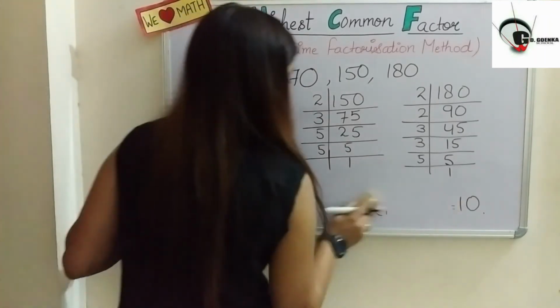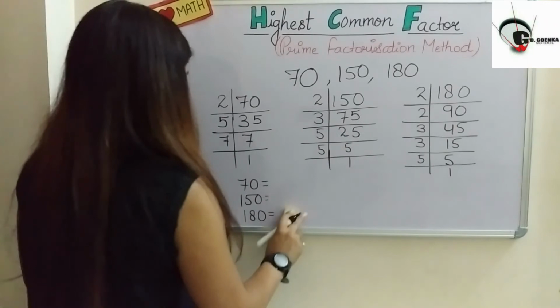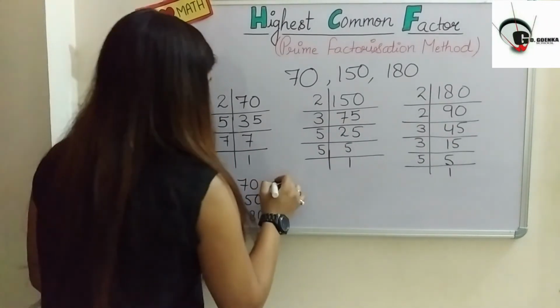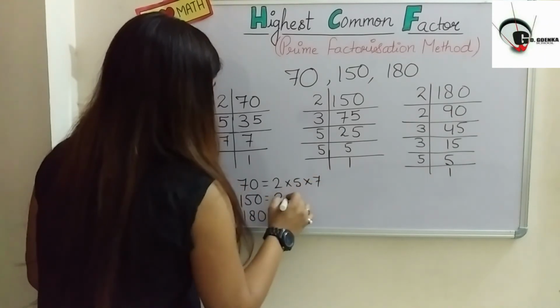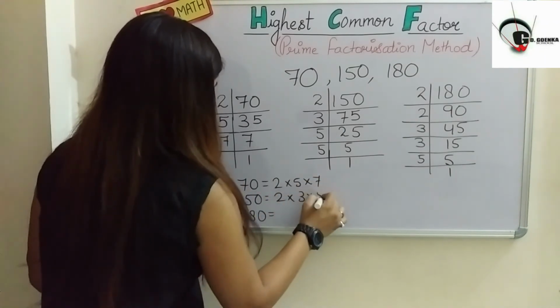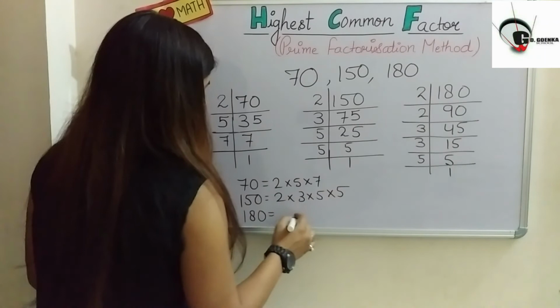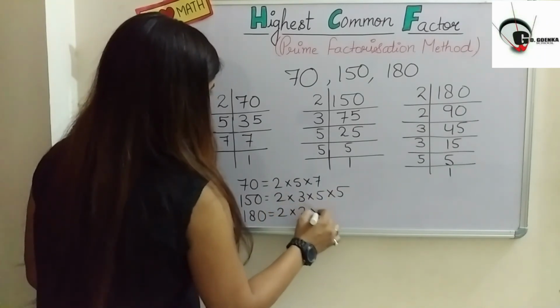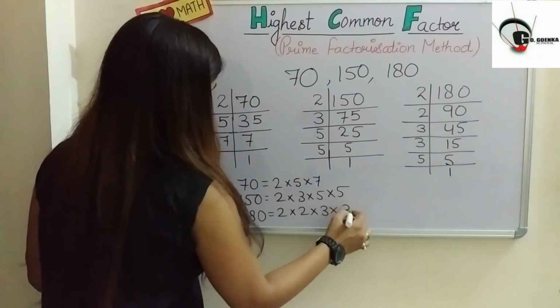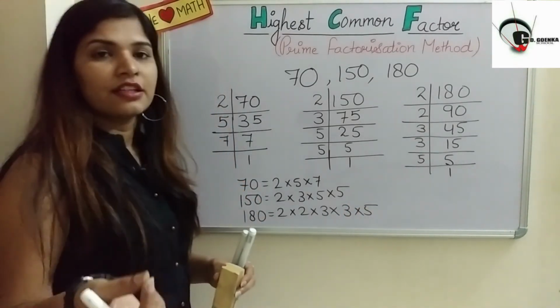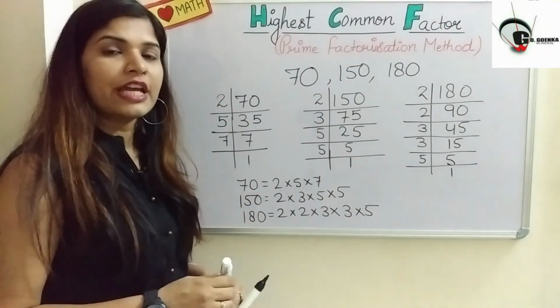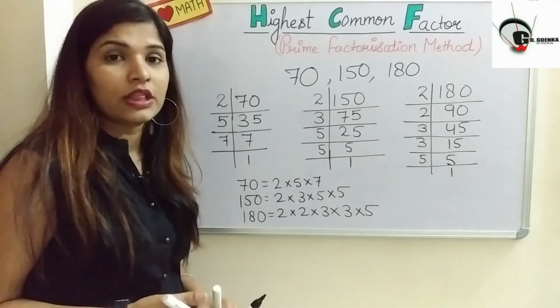The prime factorization: it is 2 multiplied by 5 multiplied by 7. It is 2 multiplied by 3 multiplied by 5 multiplied by 5. It is 2 multiplied by 2 multiplied by 3 multiplied by 3 multiplied by 5. And now just a little difference: here we need to check the number which is common in all three.